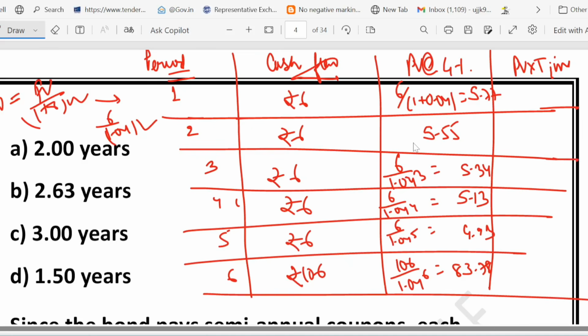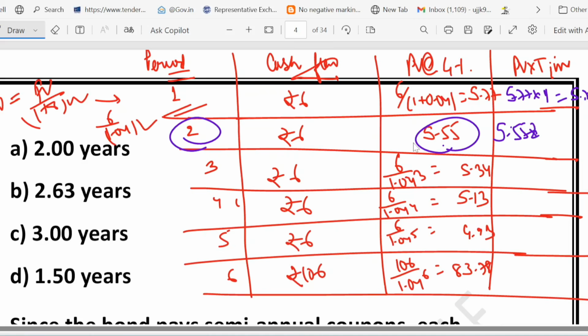Now in the last column, we will multiply the present value with the time. The time is the period I am talking about. In the first row, it will be 5.77 multiplied by 1, which is equal to 5.77. In the second row, it will be 5.55 multiplied by 2, which gives us 11.10.